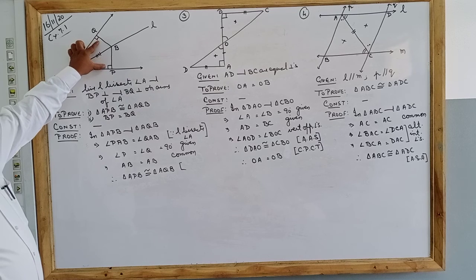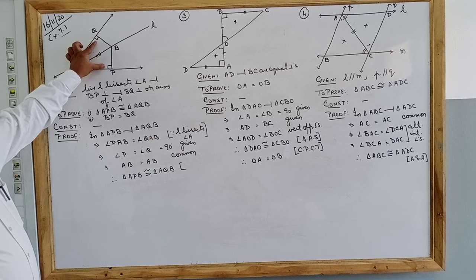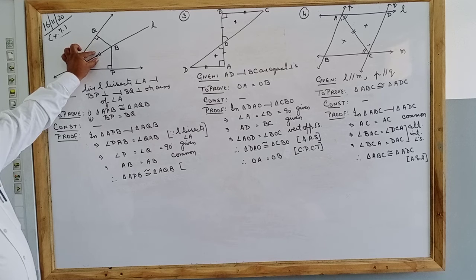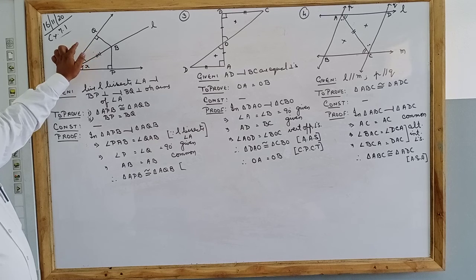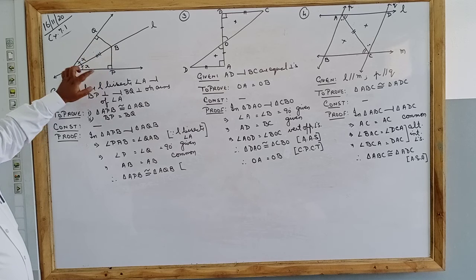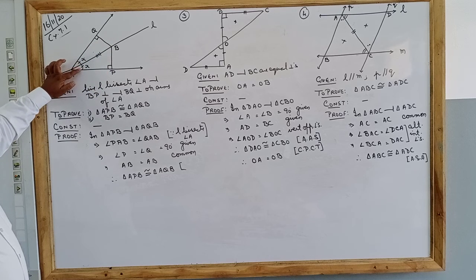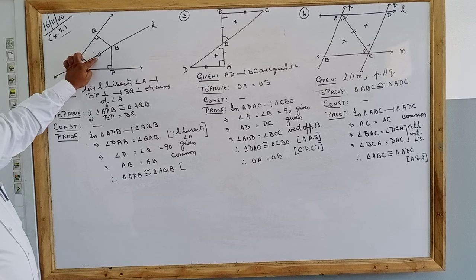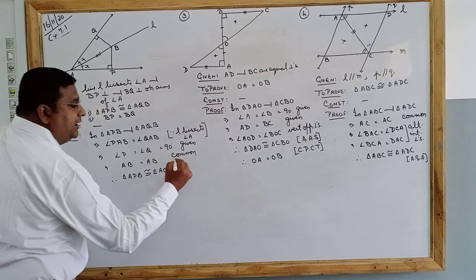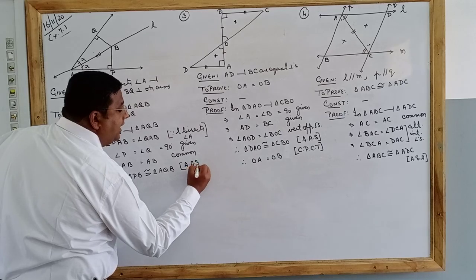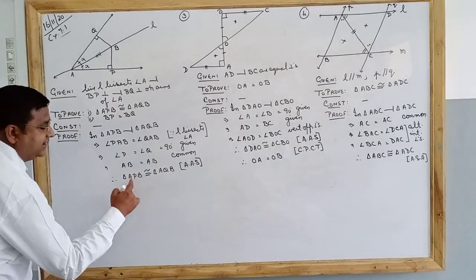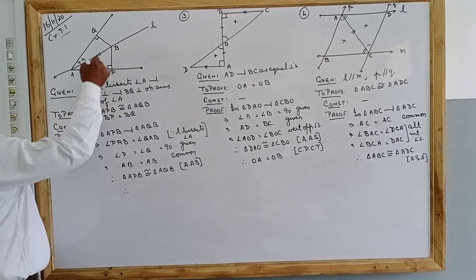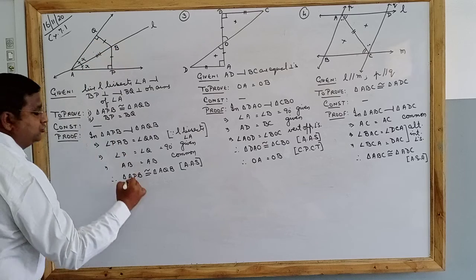Sir, R for right angle, H for hypotenuse, but S stands for side. Is any of the side equal? No. One angle is equal. So again, which congruency? A and S, not RHS.